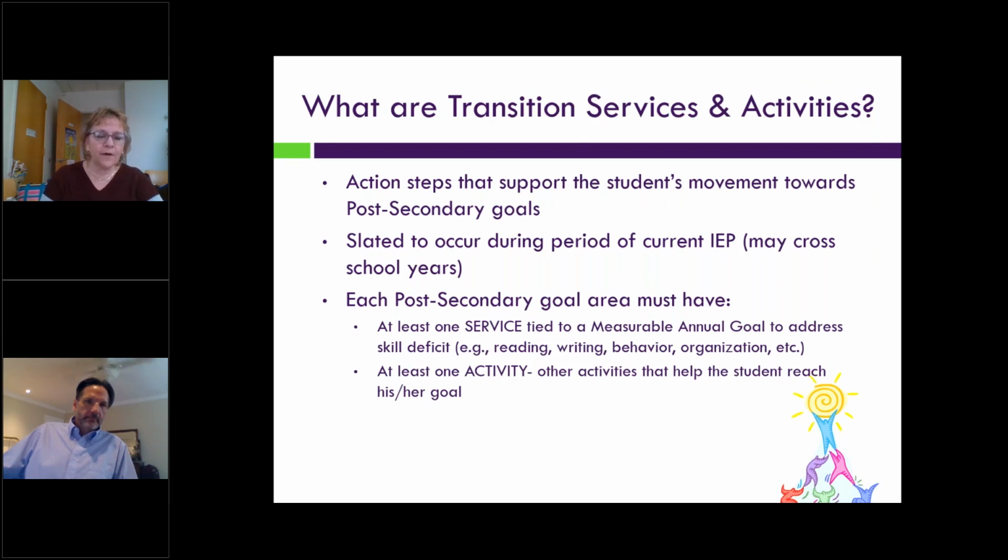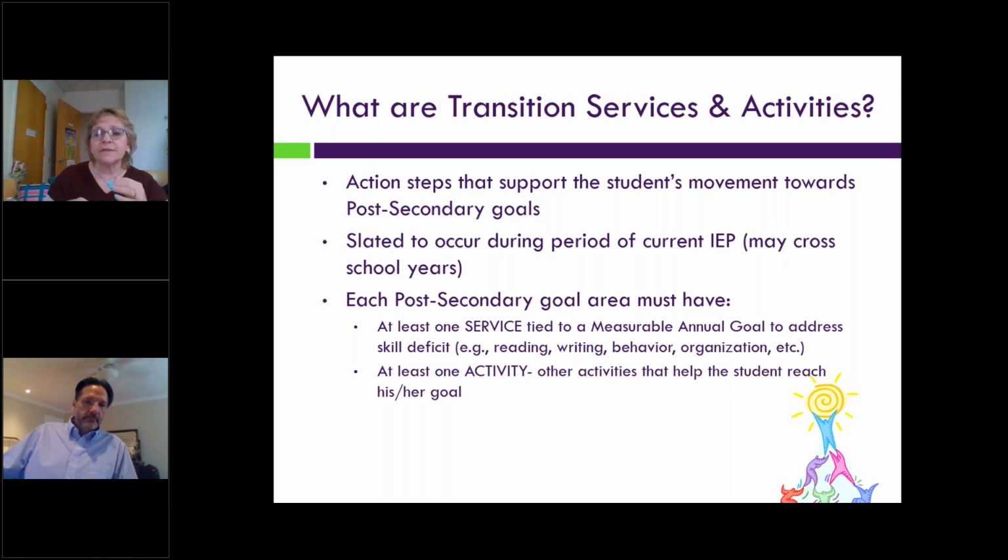Once you have those courses of study, then you have the section with the transition services and activities. These are the actual action steps that support the student's movement towards those goals, okay?